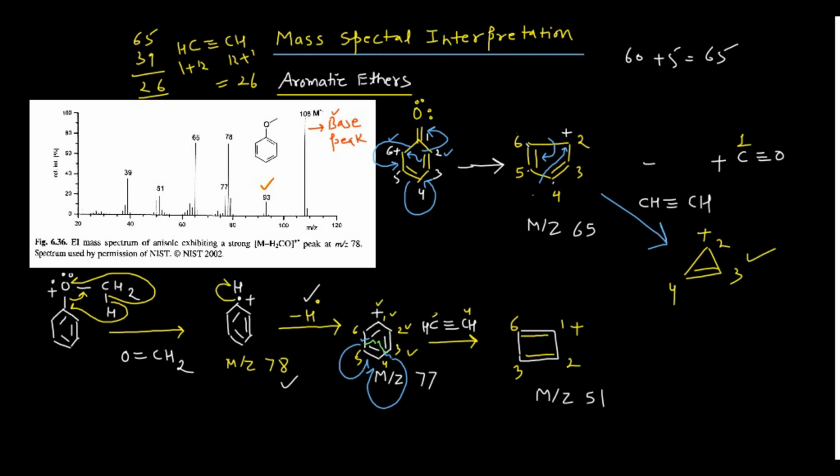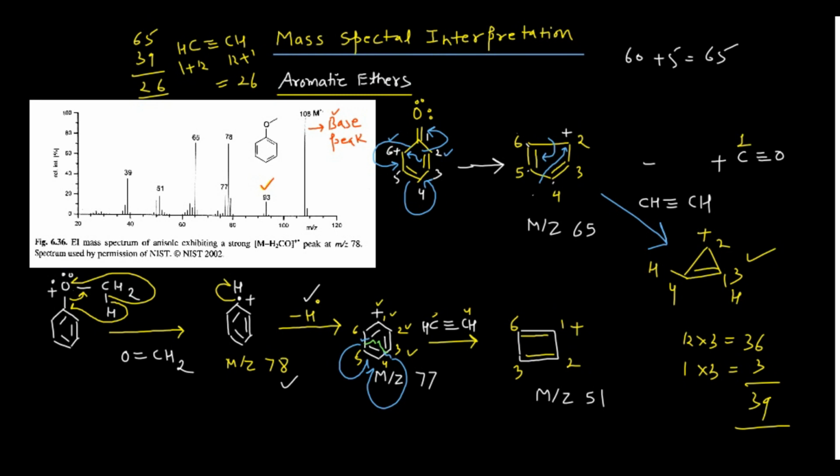So for this fragment, you see the hydrogen is here, the hydrogen is here, the hydrogen is here, 3 carbons are there, 12 into 3, that is 36, and 3 hydrogens are there, that means 1 into 3, that is 3, that will give you the 39.